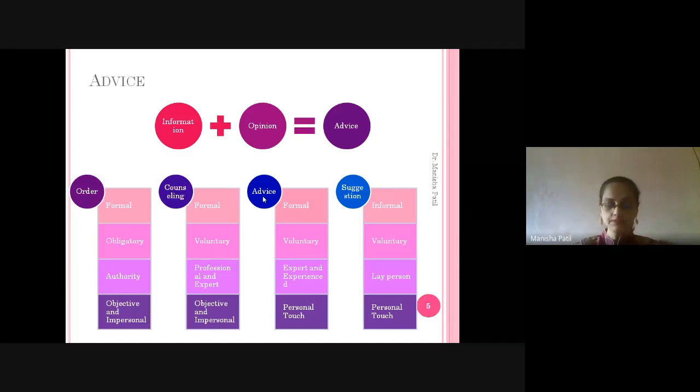Nurse and mother both are giving the same medicine. It is not different, but the mother has personal touch. That's the difference between counseling and advice.